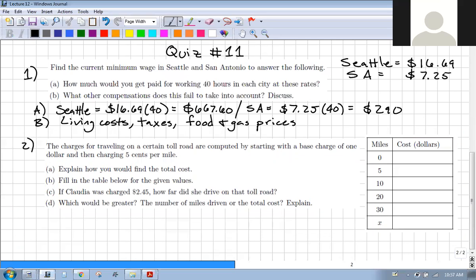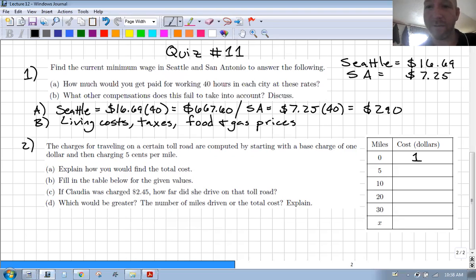All right, number 2, the charges for traveling on a certain toll road are computed by starting with a base charge of $1 and then 5 cents per mile. Explain how you would find the total cost. Okay, well, we'd start with $1 and then we'd multiply 5 cents times the miles and add those together. So if we fill in the chart, at 0 miles, the cost would be $1.